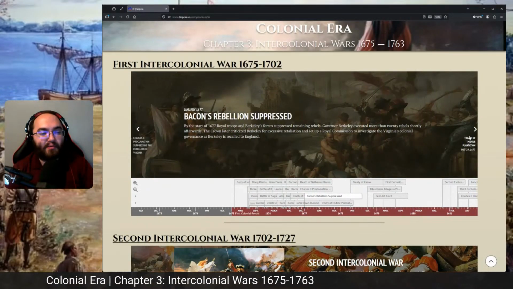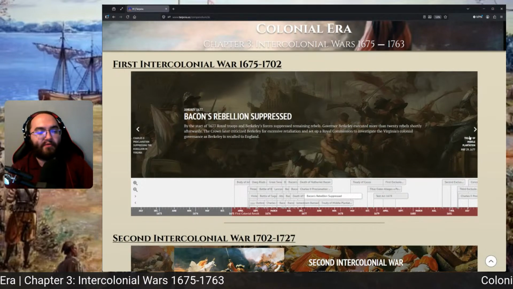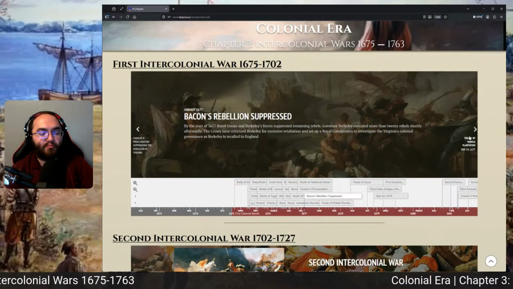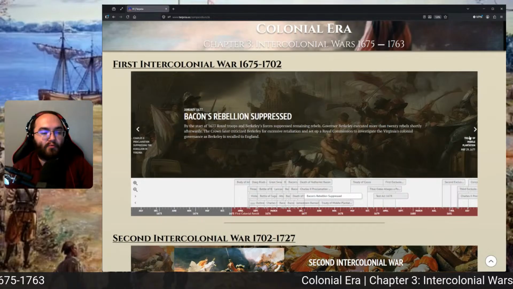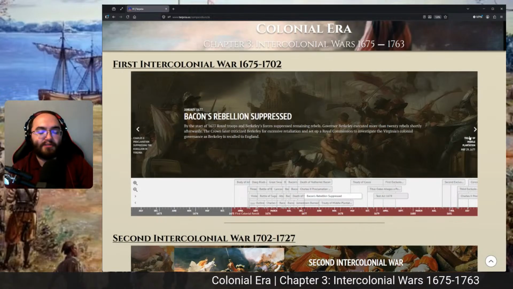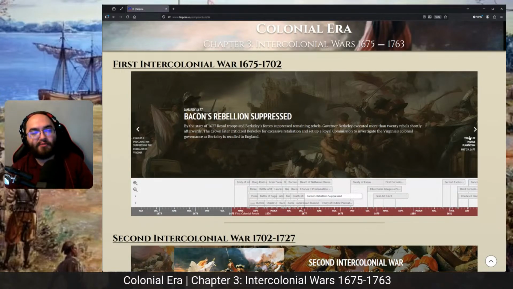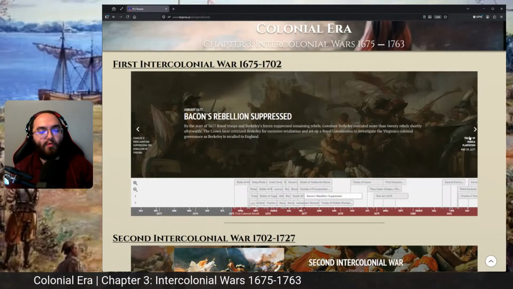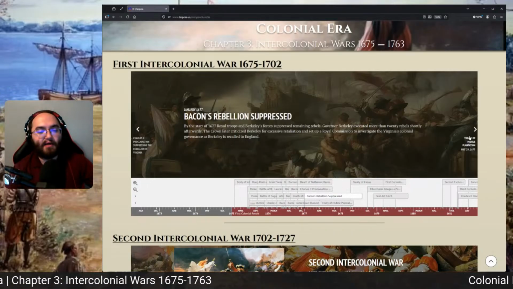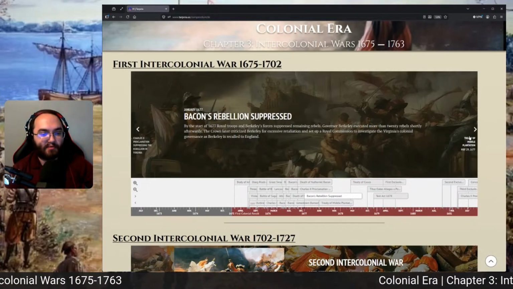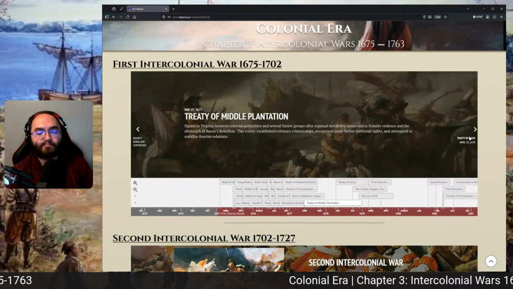And by January of 1677, most of Bacon's rebellion is fully suppressed by royal troops and Berkeley's forces. And so, simultaneously, King Philip's War and Bacon's rebellion happen and die out at pretty much the same time.